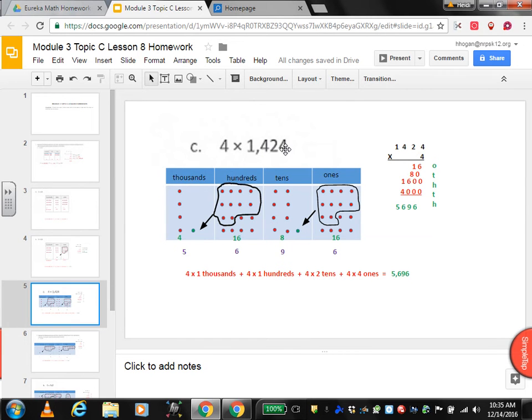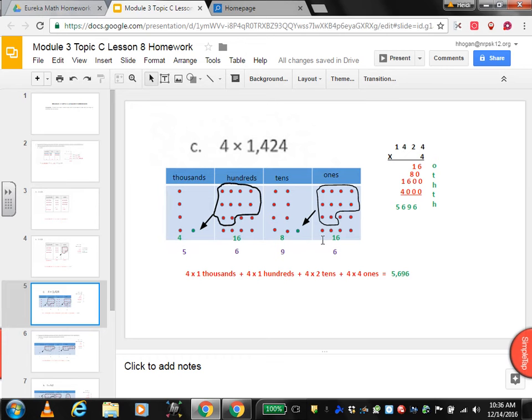4 times 1,424. We fill in our place value discs. We write our expression. 4 times 1,000. 4 times 400. 4 times 2 tens. 4 times 4 ones. That gives us 16 ones, 8 tens, 16 hundreds, and 4 thousands.